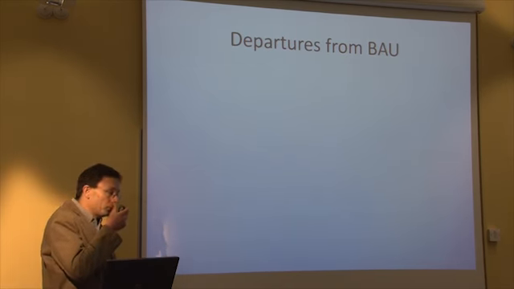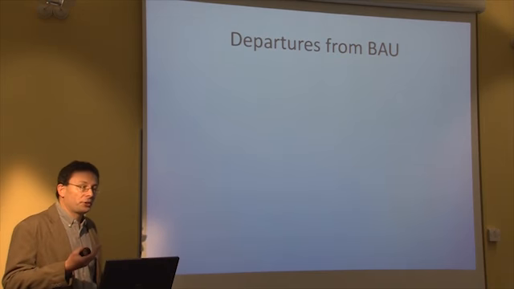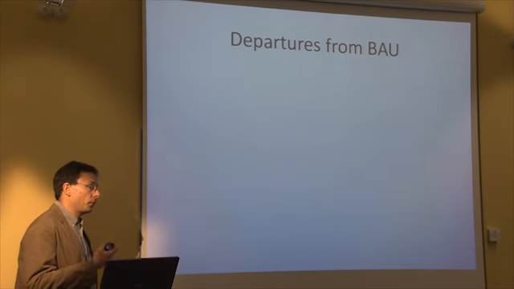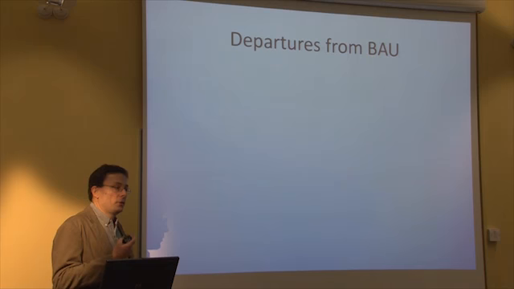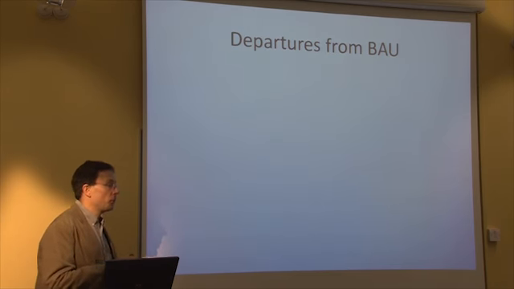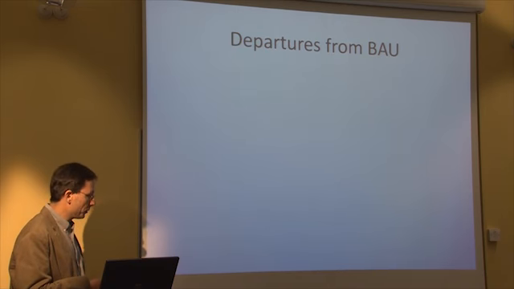Okay, so what we've got is a business-as-usual situation and then various possible ways of solving the gap that we have between supply and demand if we follow a business-as-usual situation.